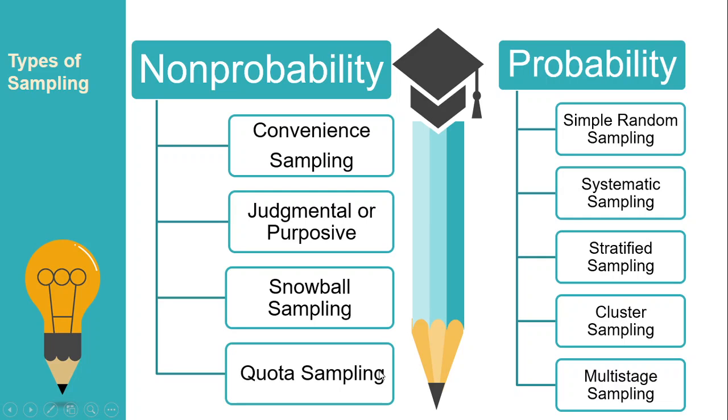And for probability sampling, there are five techniques that we use: simple random sampling, systematic sampling, stratified sampling, cluster sampling, and multi-stage sampling, where we conduct the sampling in a random way. We are choosing our sample.